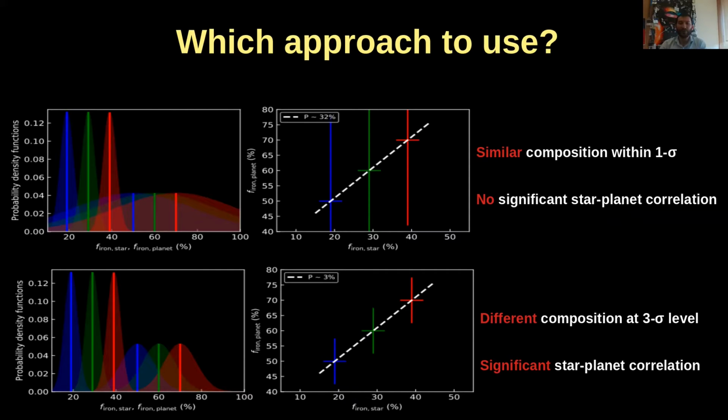However, if we look at the correlation between the two, we will see that there is a significant correlation. The probability that this correlation is by chance is only 2%. So basically, when you are looking for correlation, your results are less sensitive to the uncertainties. And in our opinion, this is the way to go, and we decided to follow this approach.